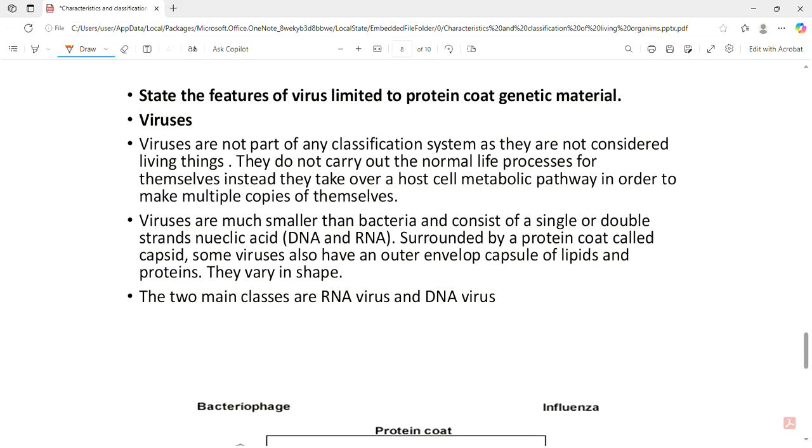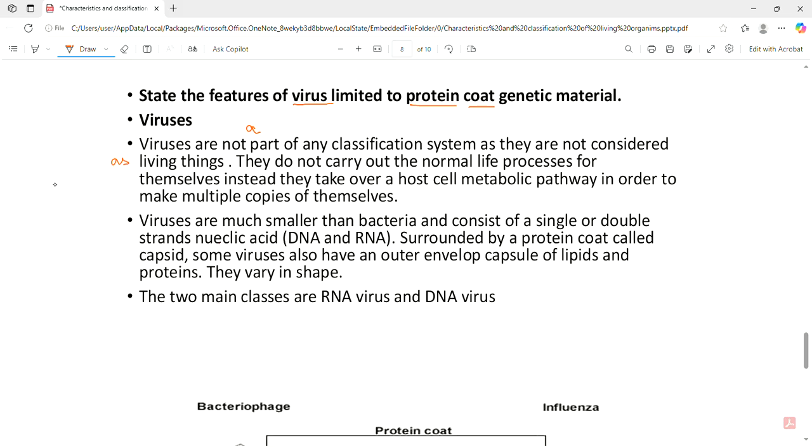Flowering plants. After flowering plants, we move towards the viruses. State the feature of virus limited to protein coat and genetic material. Viruses are not a part of any classification system as they are not considered living things.